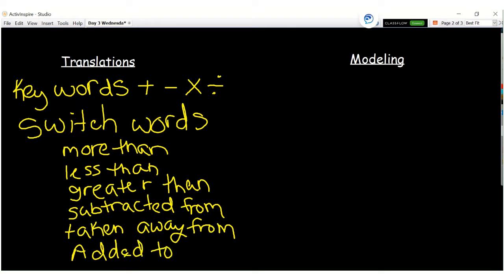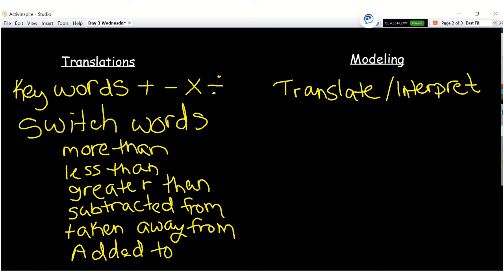Okay. Modeling. So you're actually translating the model first. So you want to translate or interpret the model.